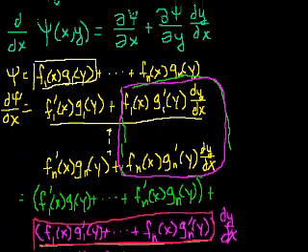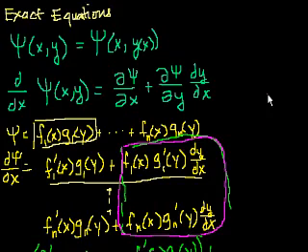So that's essentially all I wanted to show you right now in this video, because I realize I'm almost running out of time. When you're taking the derivative with respect to one of the variables, but the second variable in the function is also a function of x, the chain rule is this: if xi is a function of x and y, and I take not a partial derivative, I take the full derivative of xi with respect to x, it's equal to the partial of xi with respect to x plus the partial of xi with respect to y times dy/dx.